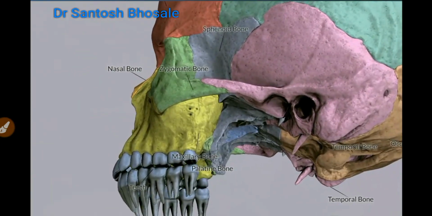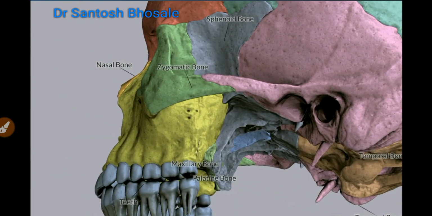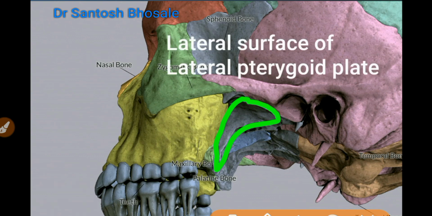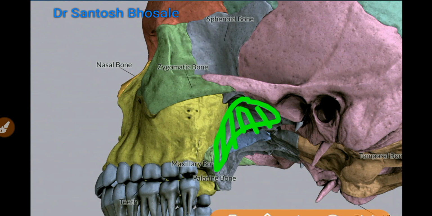medial boundary, you will see a plate there, a shelf like bony projection anteroposteriorly. So the medial boundary is formed by the lateral surface of the lateral pterygoid plate, from which the lateral pterygoid muscle takes origin.